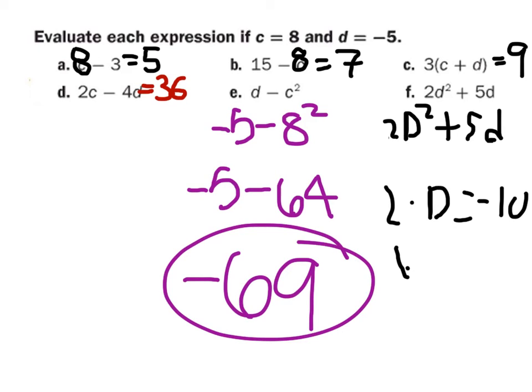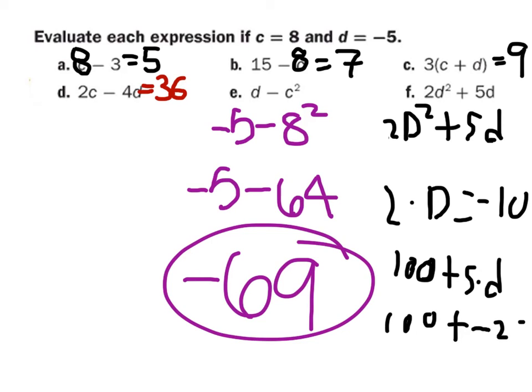Keep forgetting that doesn't erase. So then it's 10 to the second power. So it's 100. Well, 100 plus 5D, and then 5 times D is negative 25. So 100 plus negative 25 is 100 minus 25.